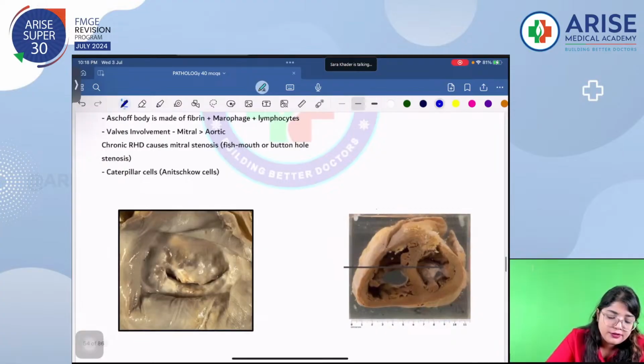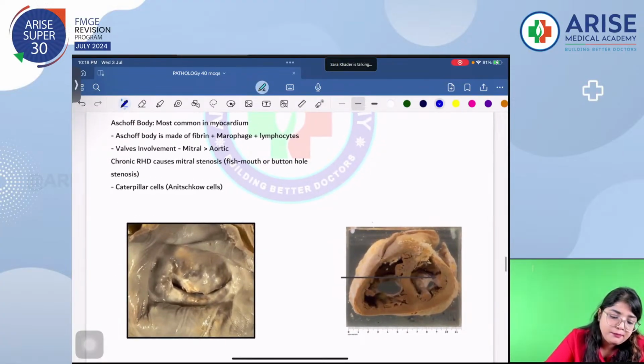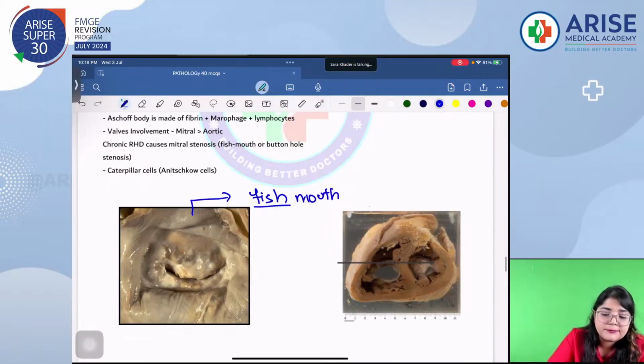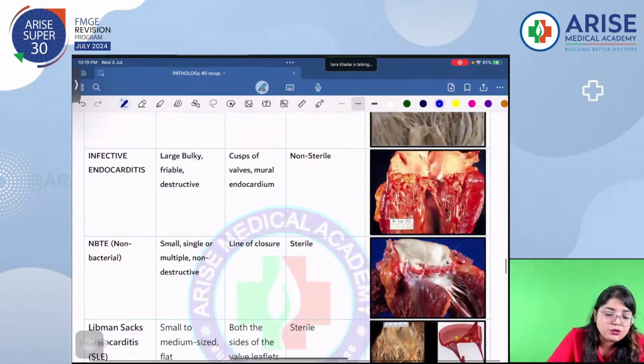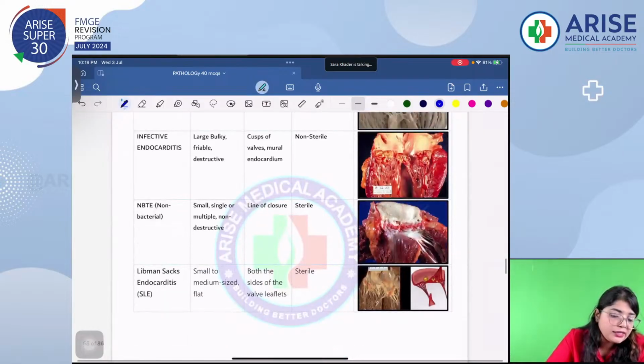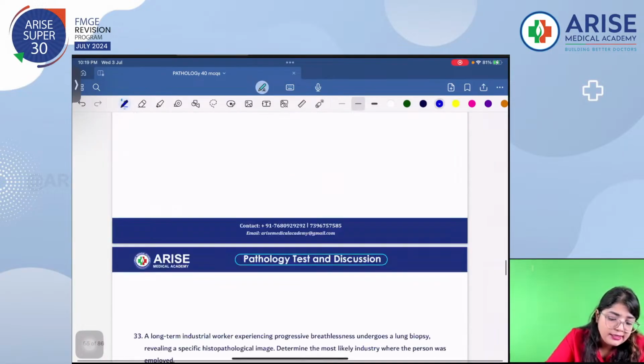Okay, very good. So you see this mitral stenosis will present with the fish mouth. Okay, chronic RHD where you have mitral stenosis will present with the fish mouth appearance. Okay, or MacCallum patch. Right? So you go through all these endocarditis, all right, table.